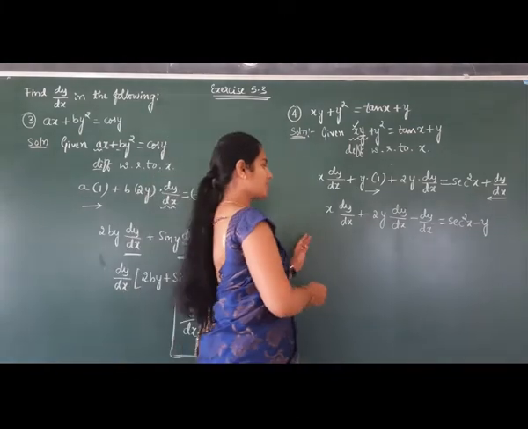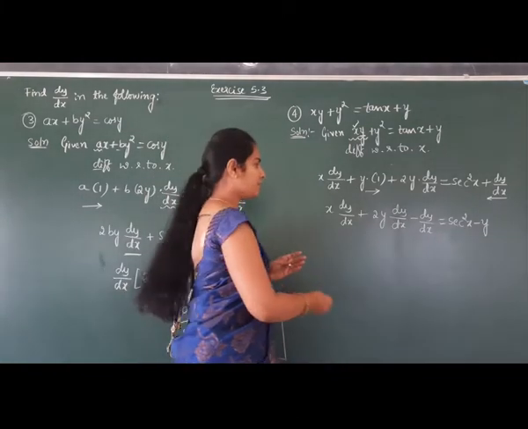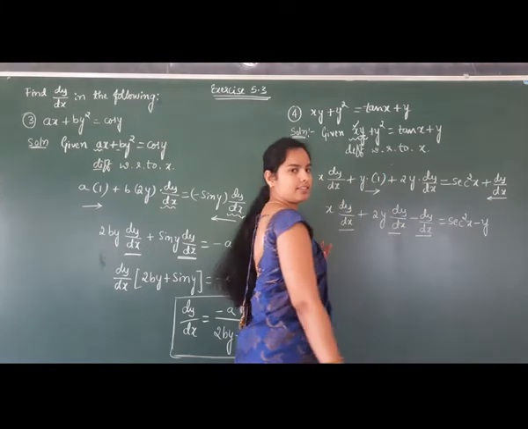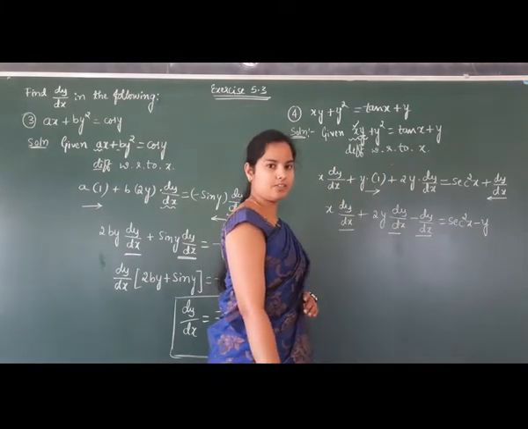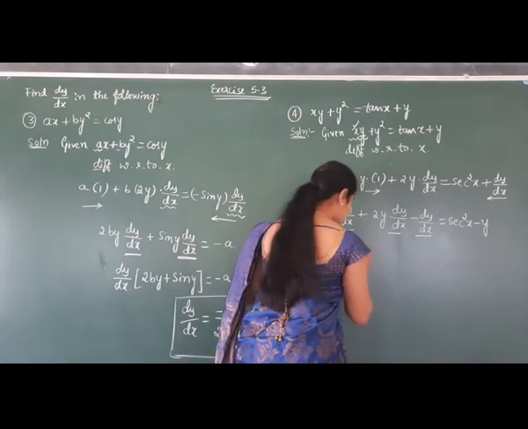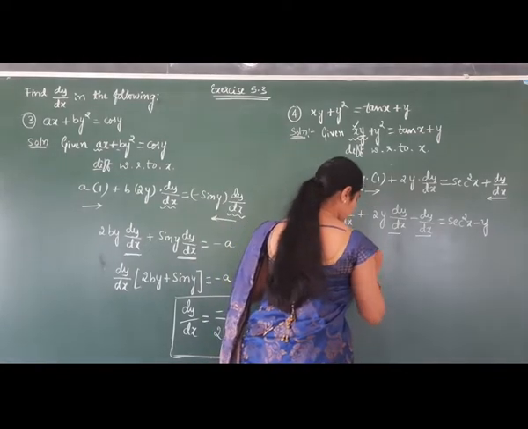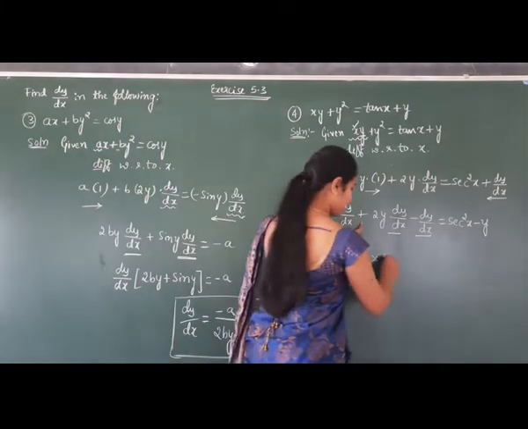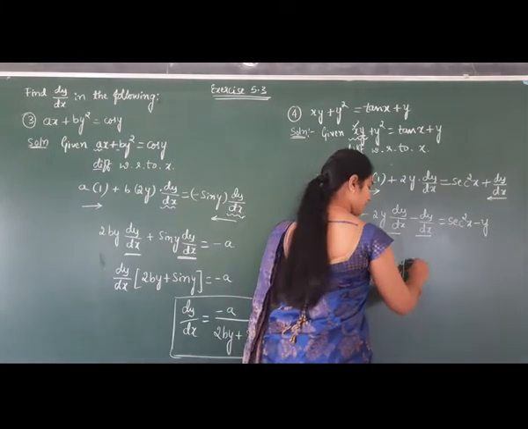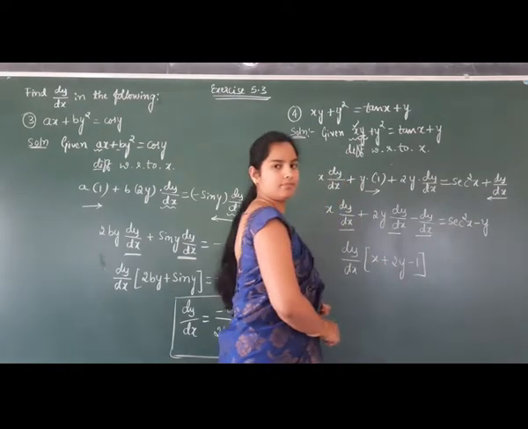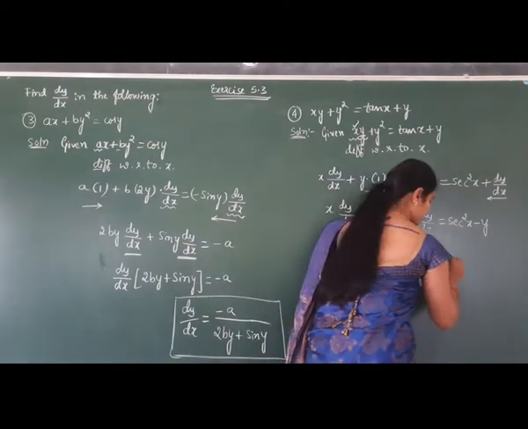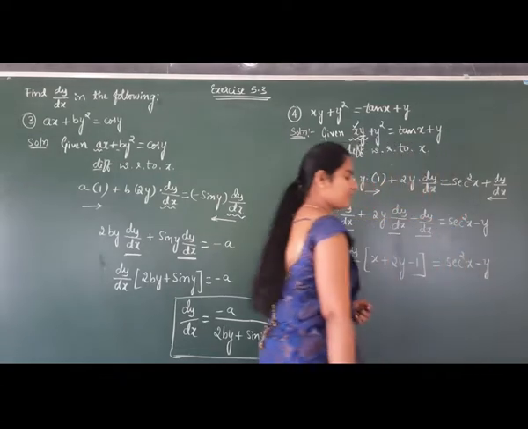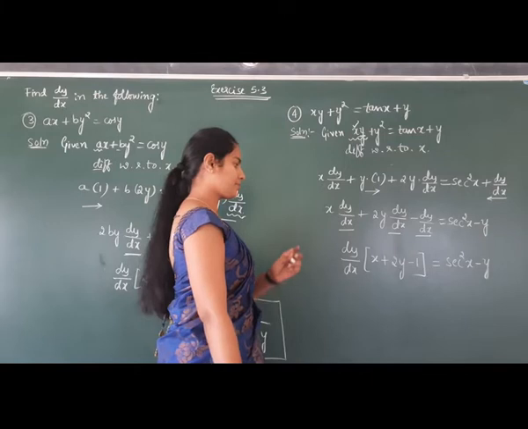So now solve for dy by dx. For this I will take the common factor as dy by dx from all these terms. Okay. So then dy by dx into x plus 2y minus 1 is equal to secant square x minus 1.